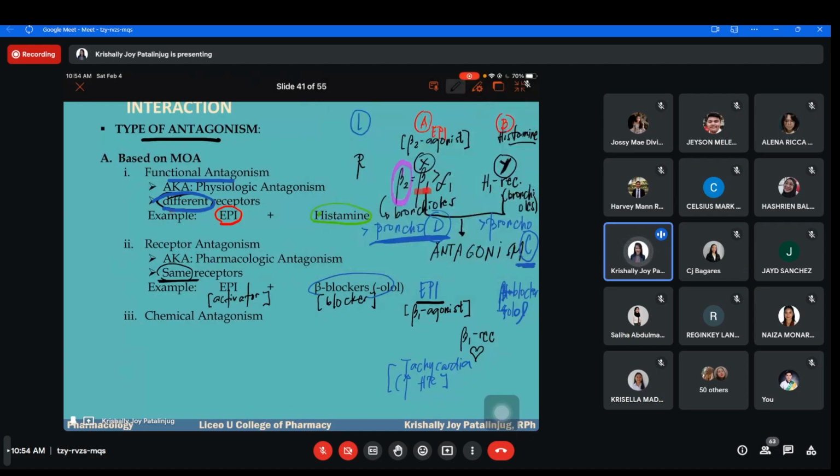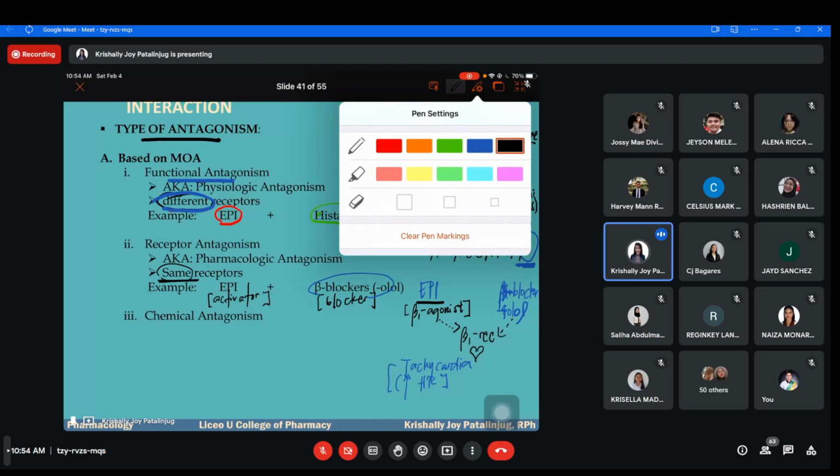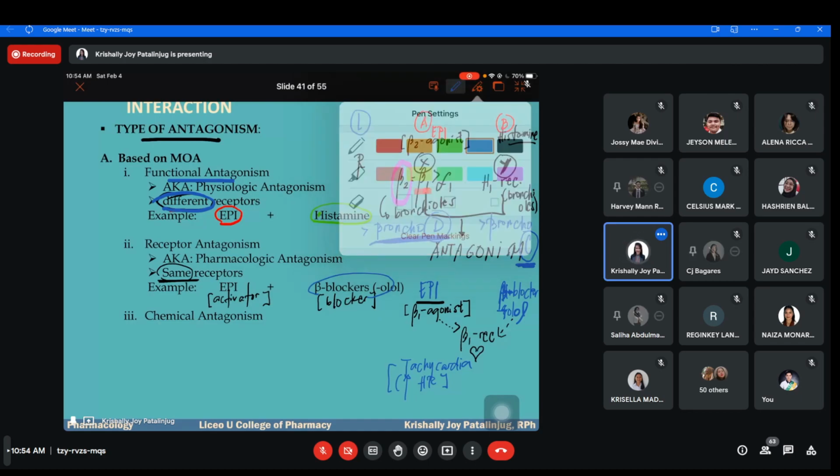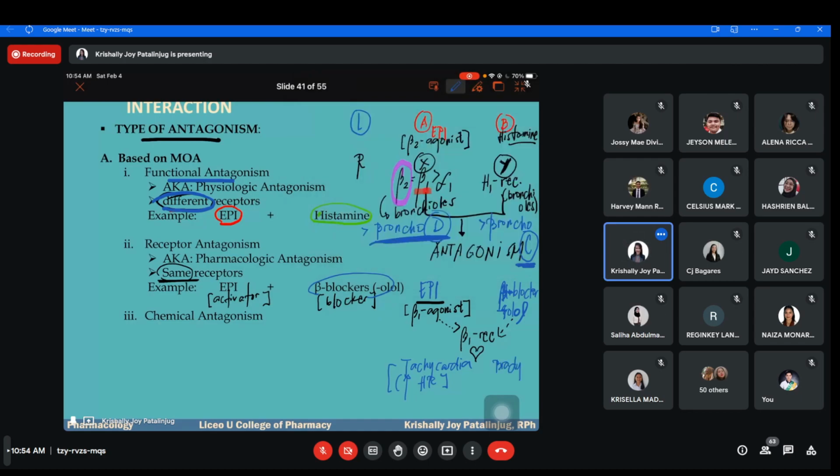So, upon binding to beta-1 receptor, for instance, it would block the beta-1 receptor. Kaya ano yung opposite ng tachycardia? That would be bradycardia. Okay?